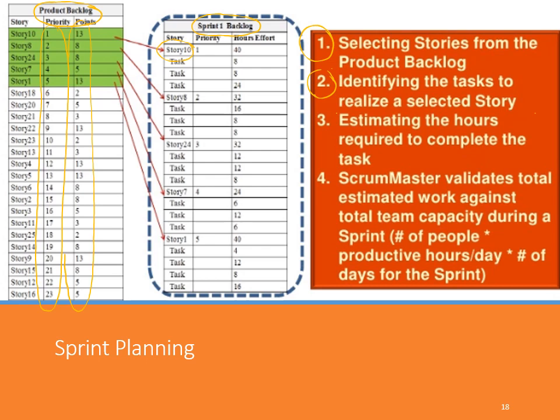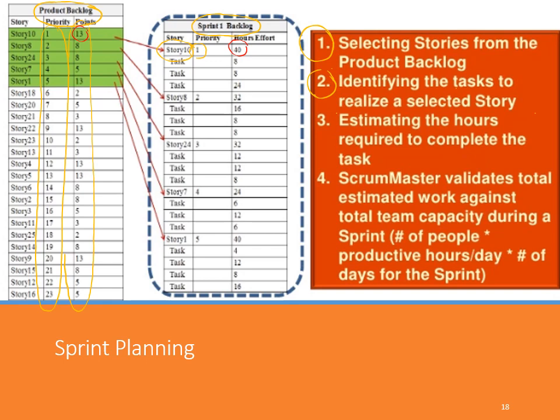It's the highest priority. It requires a certain amount of time to work. Of course, in the product backlog here, you may see that actually it requires 13 effort points. But here it requires 40 hours of effort.